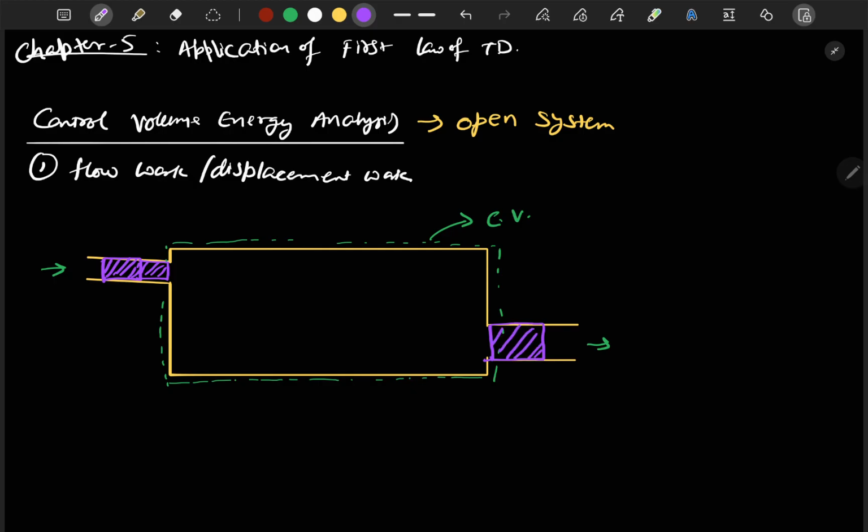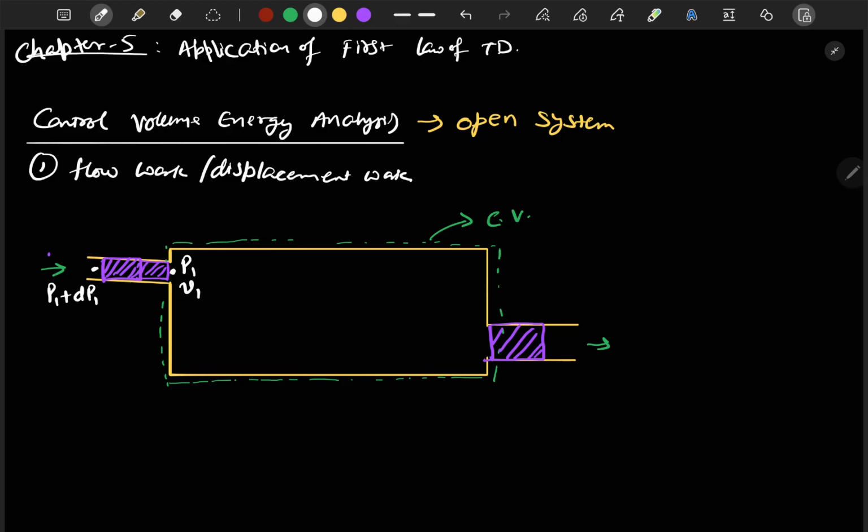Let's say at entry, at this location, the pressure is P1 and the specific volume is V1, and outside, at this location, the pressure is P1 plus dP1.